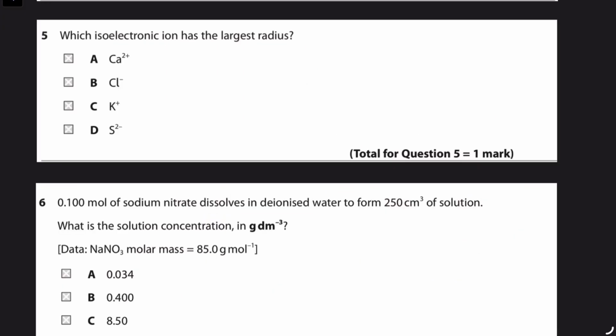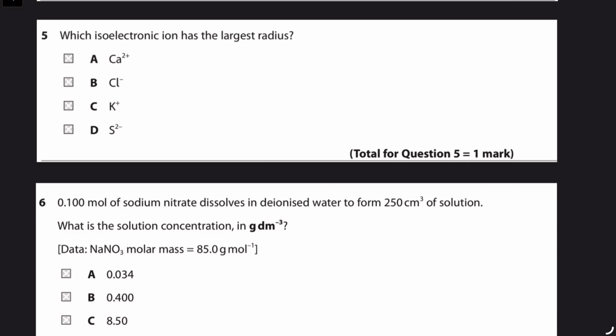Question number 5. Which isoelectronic ion has the largest radius? Isoelectronic ions have the same number of electrons, so they have the same number of electron shells and similar shielding. Therefore, ionic radius depends only on the nuclear charge.